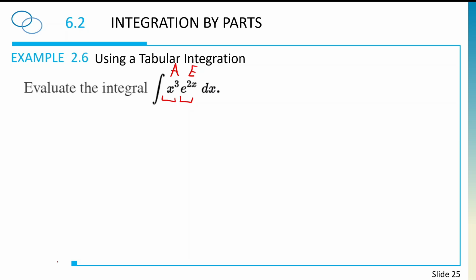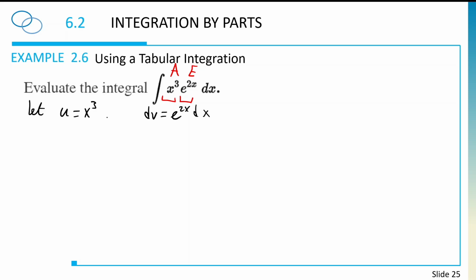I have to repeat it 3 times. With tabular integration, it will make everything much faster. How? The first step is the same. Remember, using LIATE, I let u equal x to the power of 3 and dv equal e to the power of 2x dx.